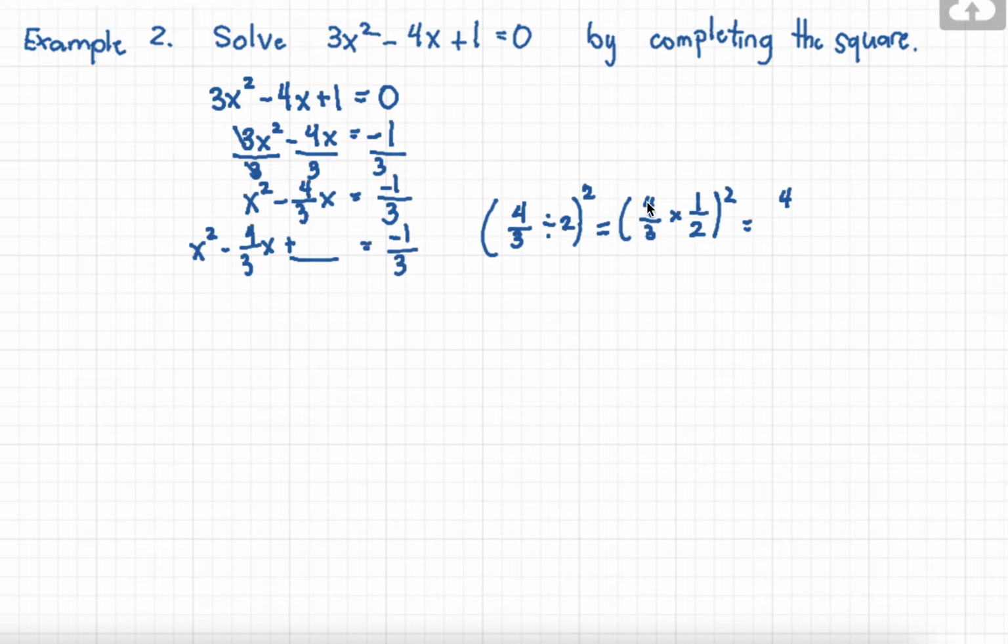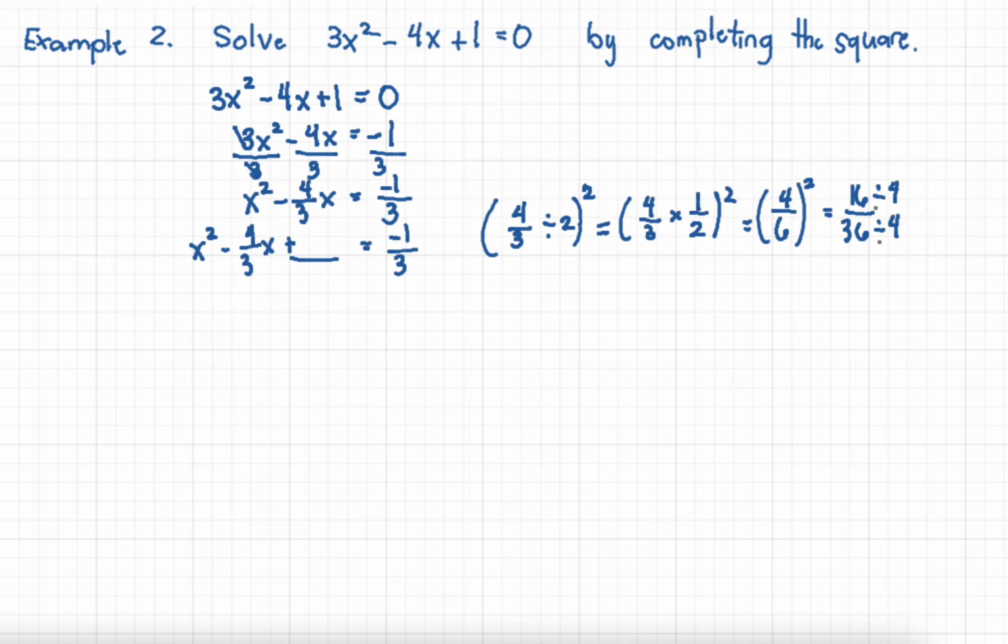So, we'll have 4 and then 3. Multiply the denominators. We have 3 times 2 will be 6. And then get the square. So 4 squared is 16. 6 squared is 36. So we can simplify or get the lowest term of this. So just simply divide both the numerator and the denominator by 4.